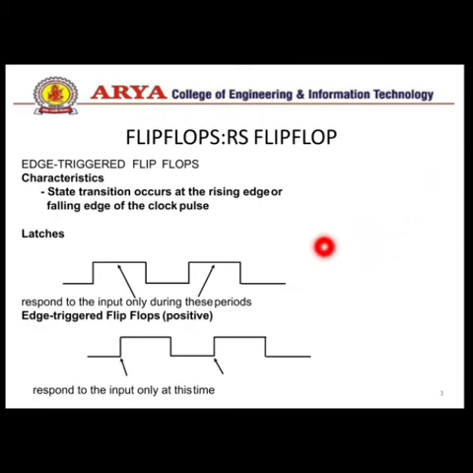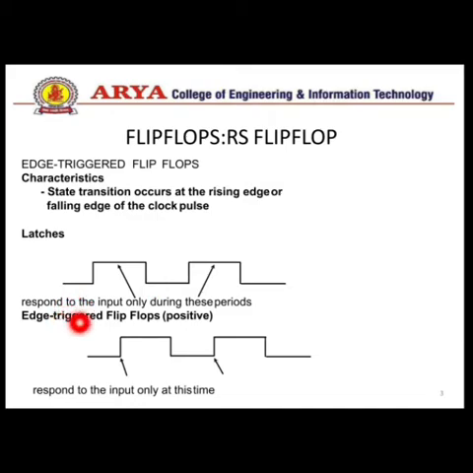A flip-flop is edge triggered, because the state transition occurs at the rising or falling edge of the clock signal. Latches are level sensitive, because they work on a high or low level. This is the high level, logic 1, and this is the logic 0 level.